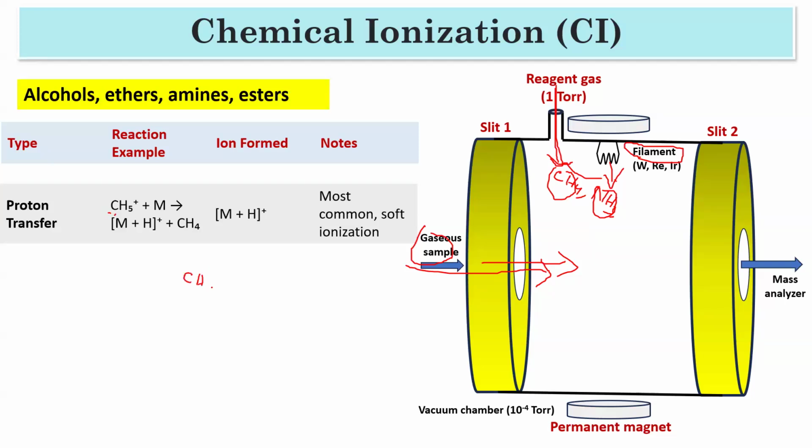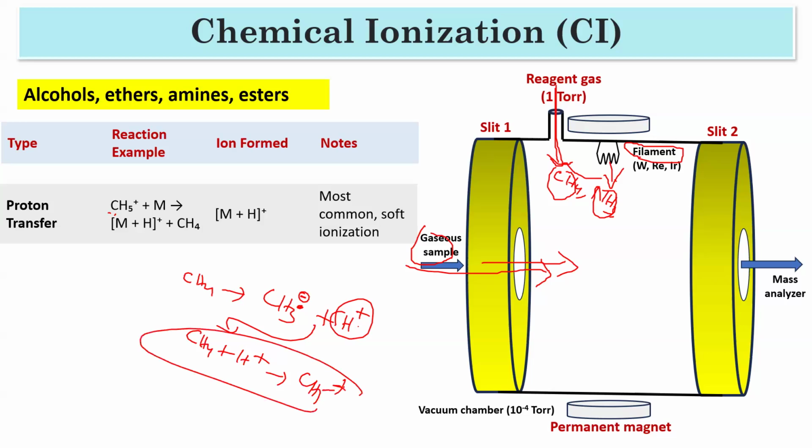Suppose you have CH4, and CH4 may release a CH3 free radical, and you may also have H plus. Then CH4 plus H plus will change to CH5 plus. So a variety of reactions will happen, and some of them will give CH5 plus.